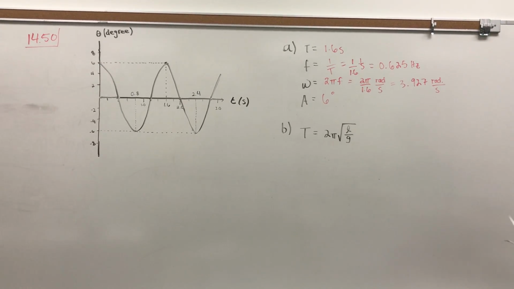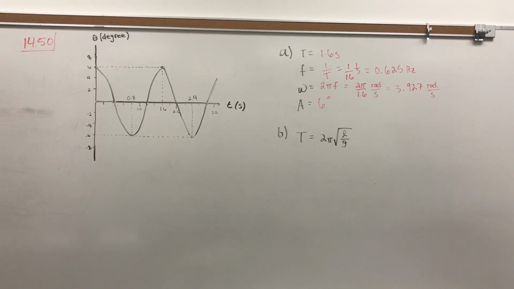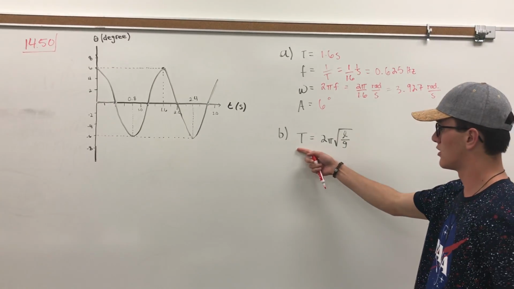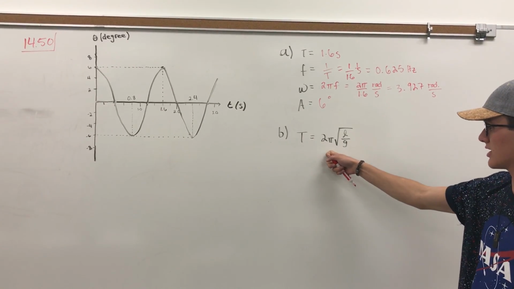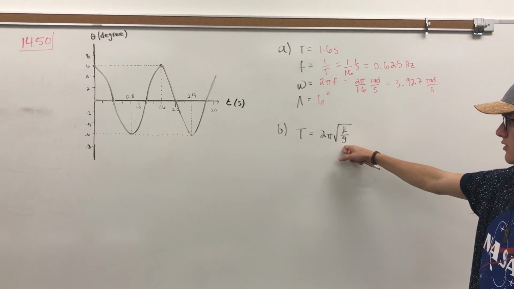Part B in this problem asks us how long the pendulum is, and we have a formula for the period where the period equals 2 pi times the square root of the length of the pendulum over gravity.